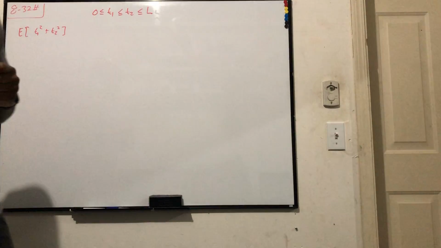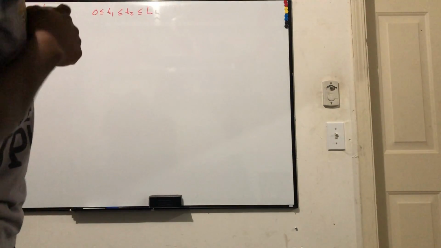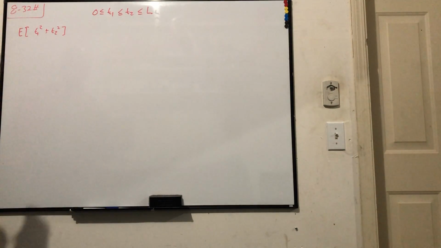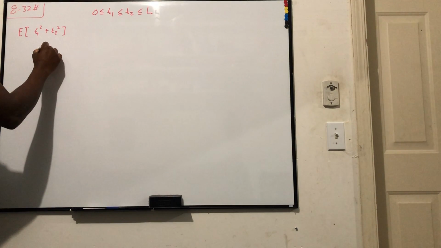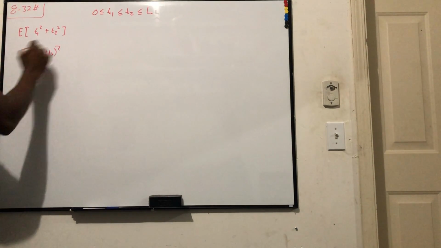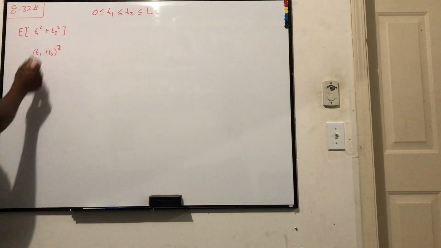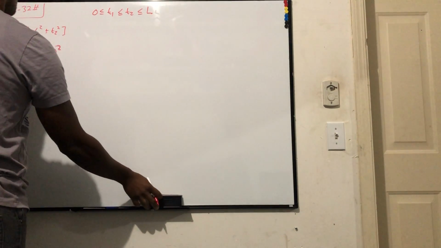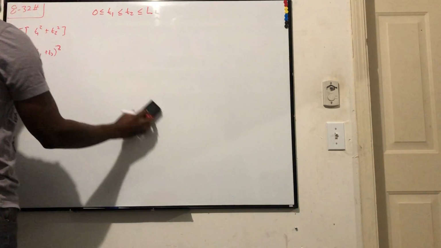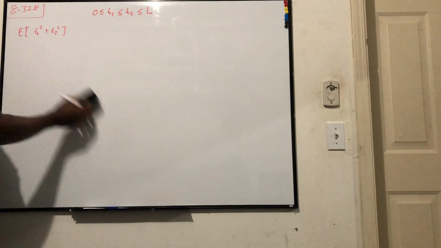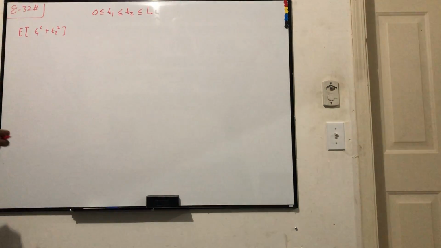And I kept getting this particular one wrong because I kept thinking, oh, they want me to sum T1, T2 and square it. No. What they said is that they wanted T1 squared plus T2 squared.